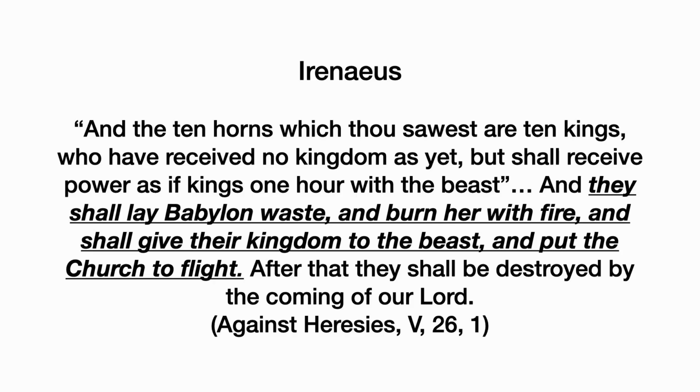The 10 kings under the authority of the Antichrist, he says, "they shall lay Babylon waste, burn her with fire. They will give their kingdom to the beast, and they will put the church to flight." Irenaeus has the church on the earth facing the persecution of the Antichrist. Irenaeus did not believe in a pre-tribulational rapture, period.